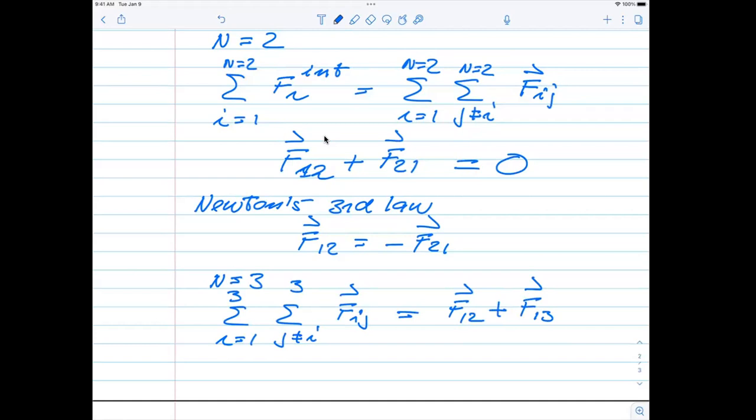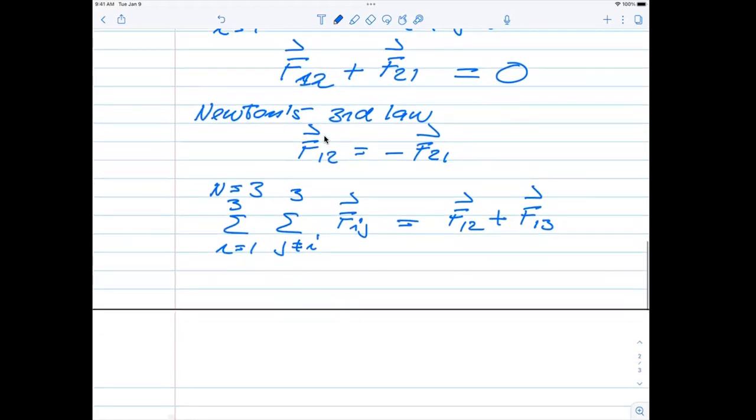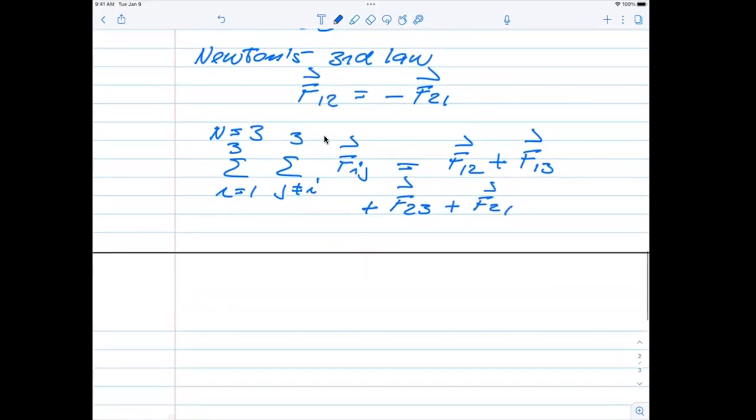We obviously don't have an interaction between 1 and 1. We have no self-interactions. And then when I becomes 2, we have F23 plus F21. And finally, when I is equal to 3, we get a final contribution, which is F31 plus F32.